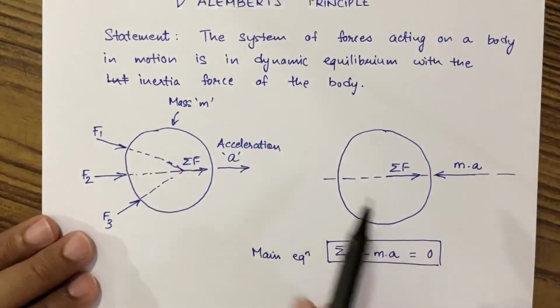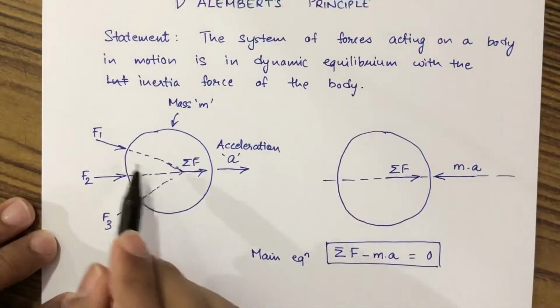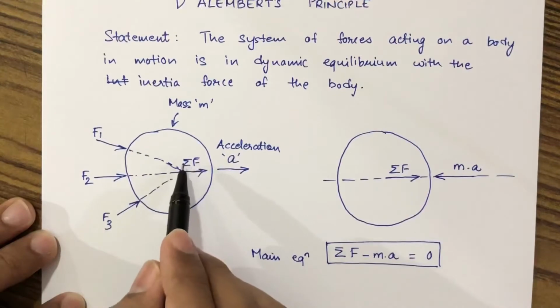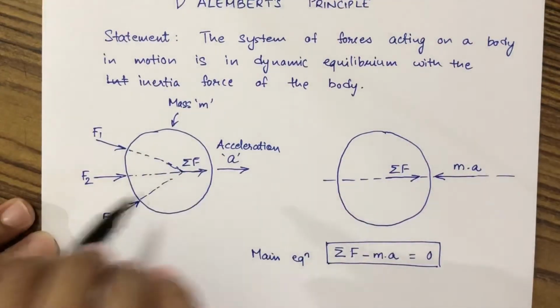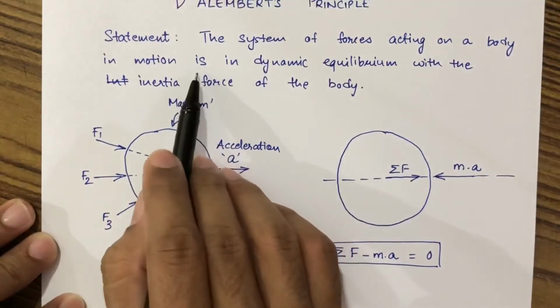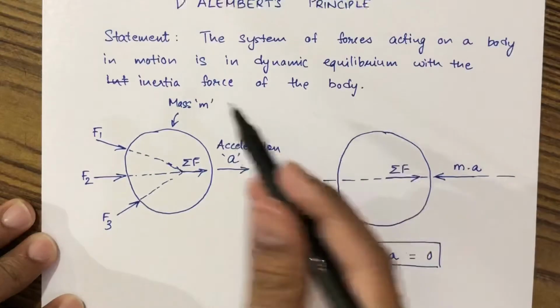This means that the system of forces acting on a body, when we took the resultant, came out to summation F on a body in motion. Because of this summation F, the body will be in motion. It will be in dynamic equilibrium with the inertia force of the body.